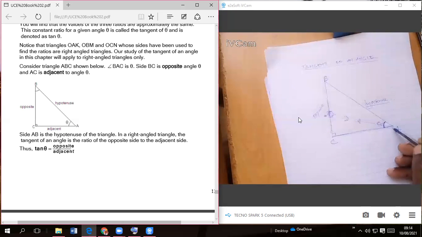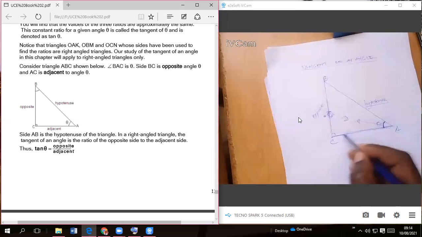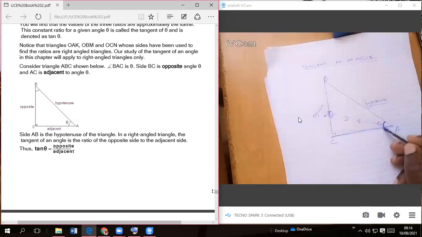Then this side, the base, where the foot of the angle is, if this is the foot of the angle here, then this base here is what we call the adjacent.